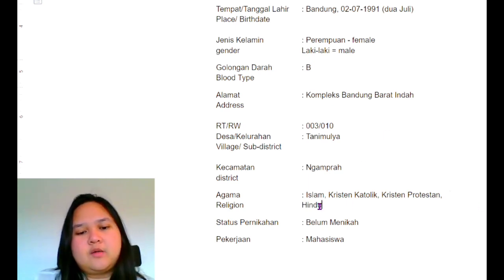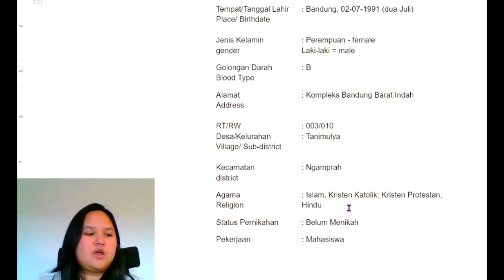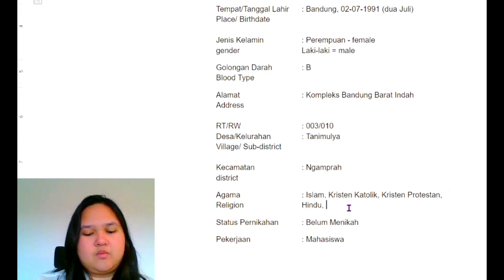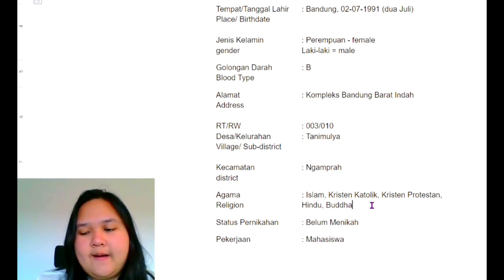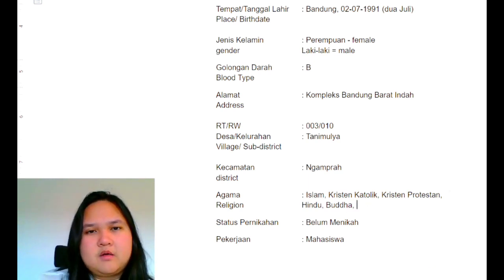If you may have heard about Bali, most of the Hindu people in Indonesia live in Bali. And also Buddha. Buddha has the least population. There is also Confucianism, in Chinese religion we call it Konghucu.